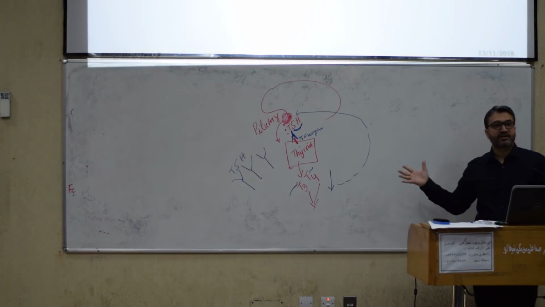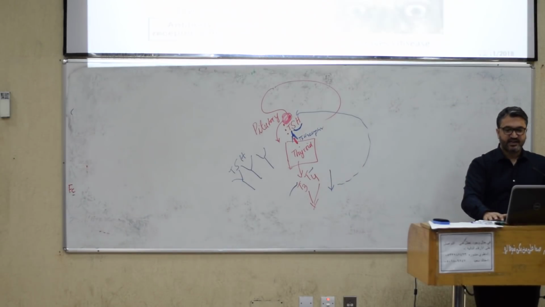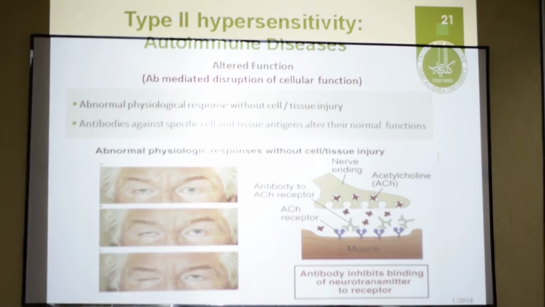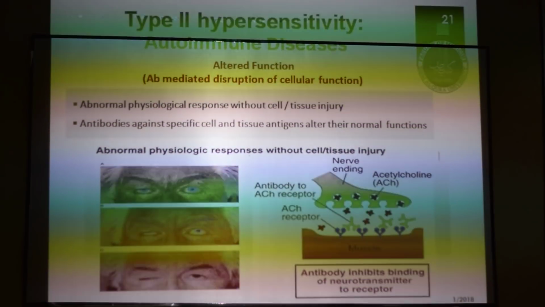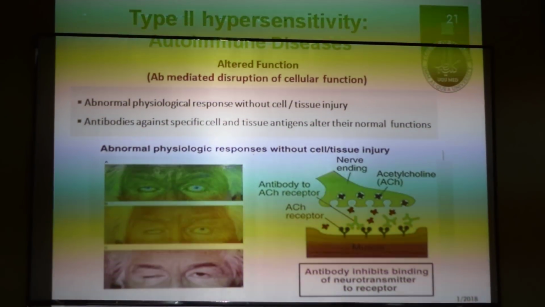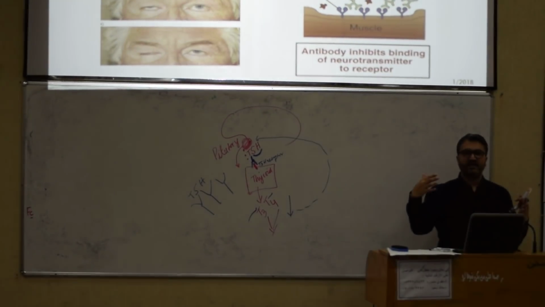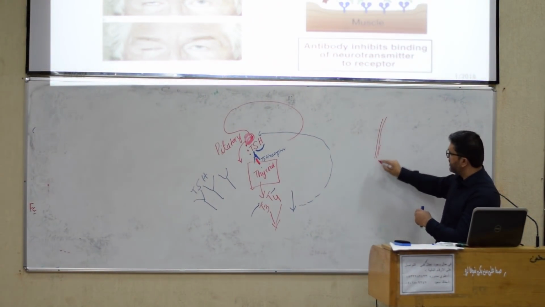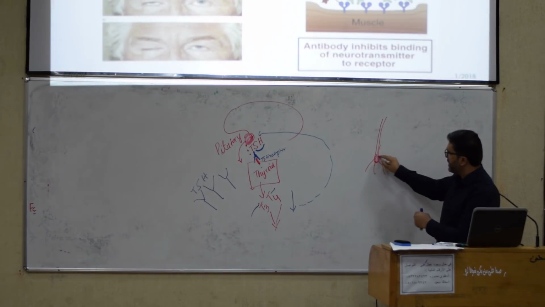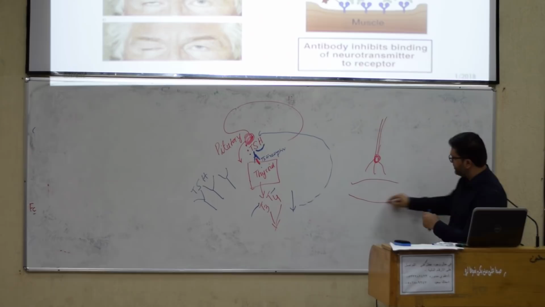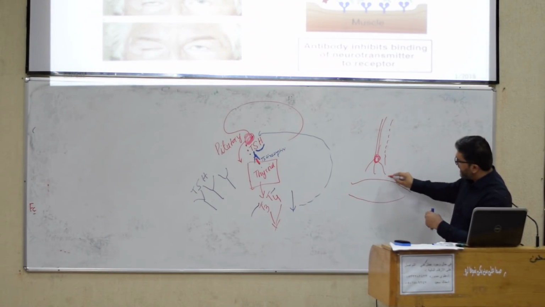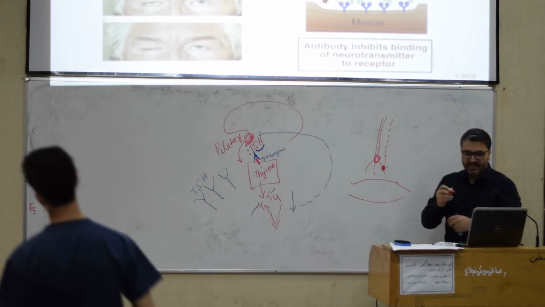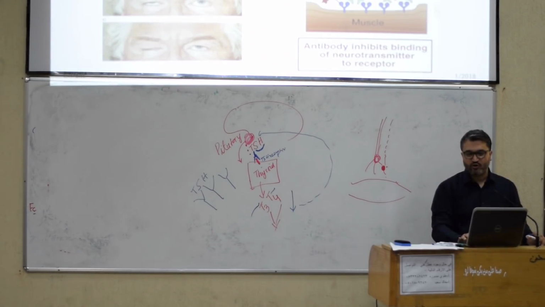Now, this was increasing the function. On the other hand, there is another condition that will reduce the function. Antibodies that are produced as an autoimmune response can sometimes reduce the function as well. You know the structure of the neuromuscular junction. Let's say this is the nerve, and it is attached to a muscle. When a nerve impulse comes, at the neuromuscular junction there are certain chemical mediators, labeled in this figure as acetylcholine.